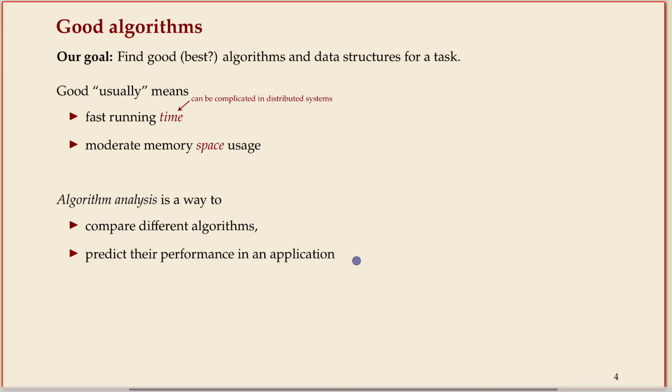And also a secondary goal is it can make actual predictions, quantitative predictions about how long something will take. And that's important because it means you can then decide if a certain approach that requires you to use a certain algorithm on a certain input of a certain size, whether that's at all feasible. If the prediction is it will take 5 years of computing time, it's probably not the way to go.